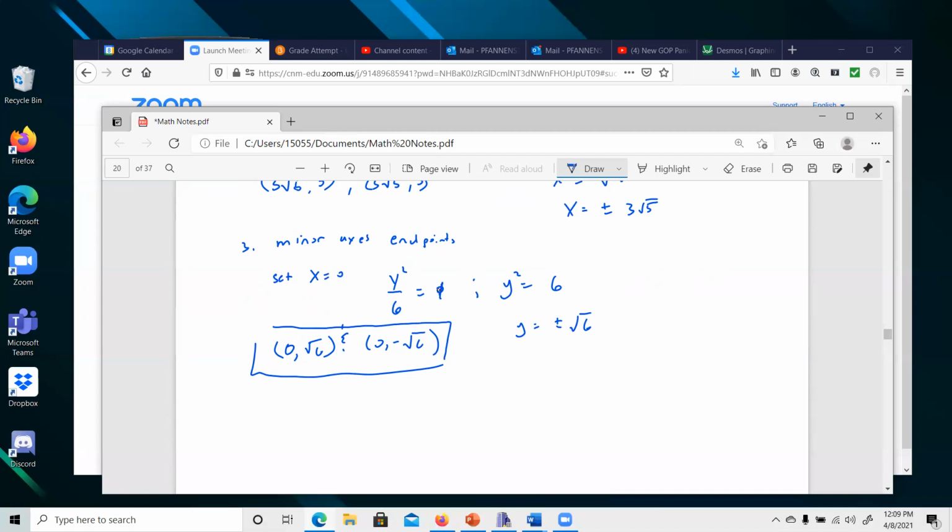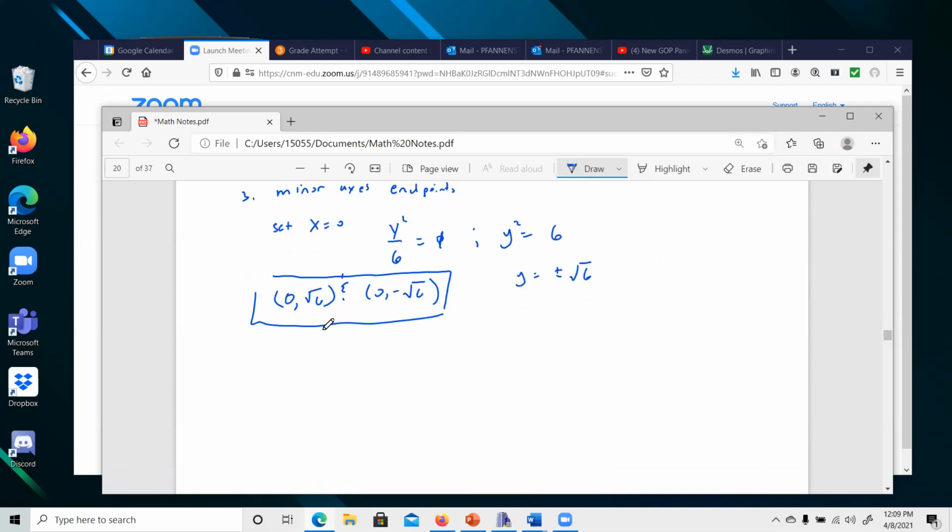Let's see, the next thing I have is part D: identify the foci. And I gave you the formula. I said c squared was equal to a squared minus b squared. On this formula, I assume that the a is just the bigger one.